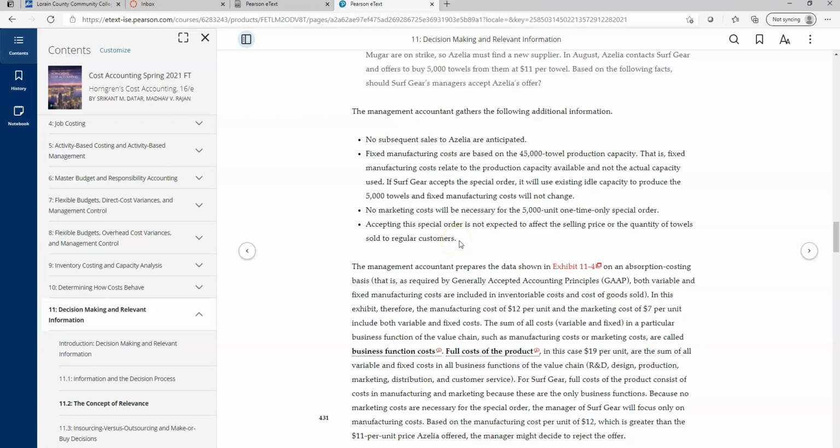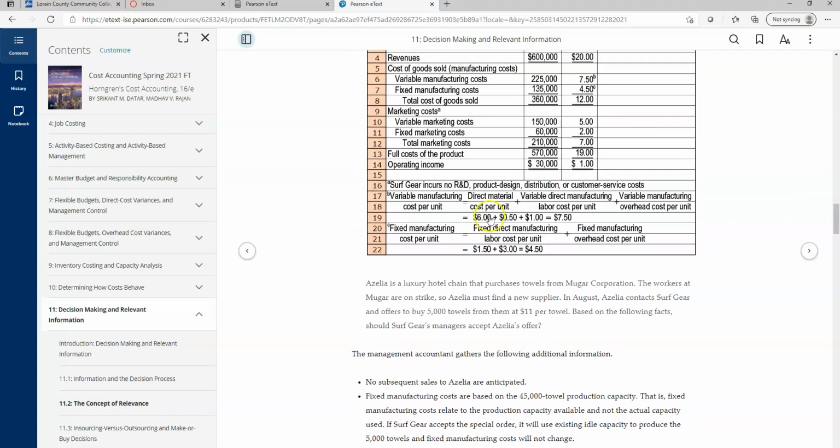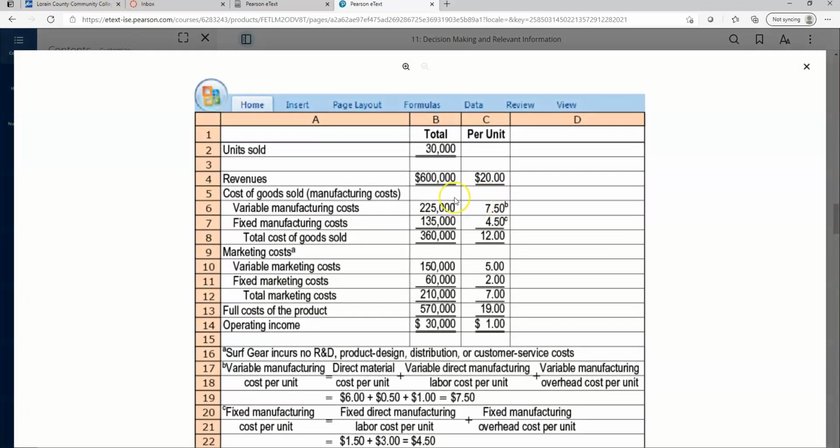So based on knowing that I'm going to use existing capacity, because I already have unused capacity, fixed manufacturing costs will not change. No marketing costs will be incurred. So let's take a look now and see which costs are relevant in the decision-making process if we were between taking the order and not taking the order.